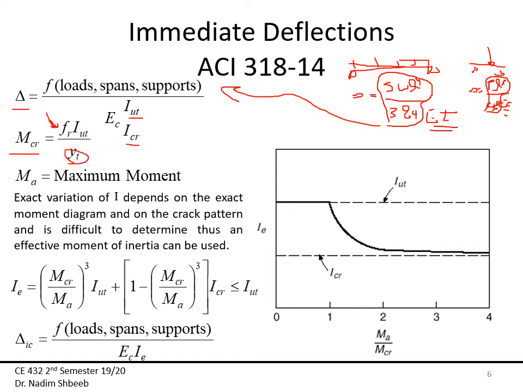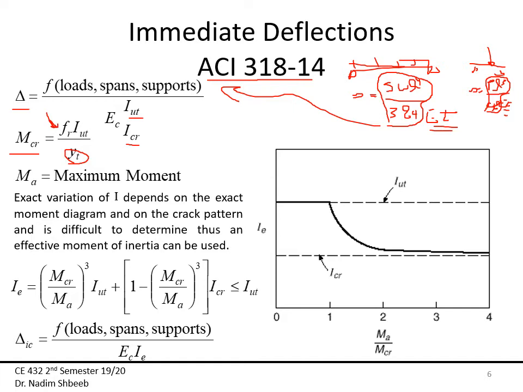So that was the equation that we used to develop the cracking moment. So as you can see here, I'm still putting ACI 14, and here I'm just going to point out the difference between 14 and 19 because there is a difference in the use of equations.